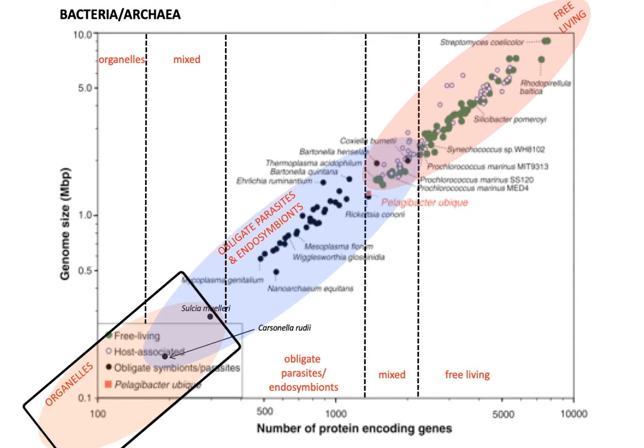And then going down to organelles, where there is more and more of the DNA lost and more genes lost. The exception is in plants, but that's a special case.